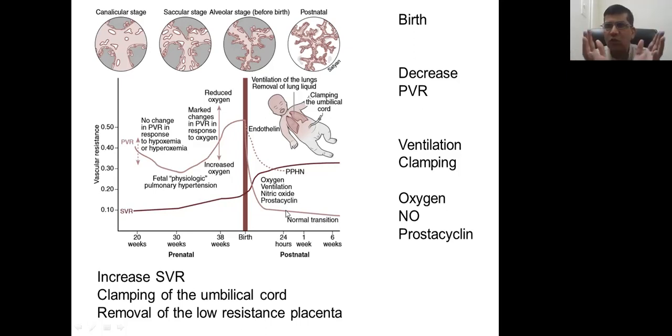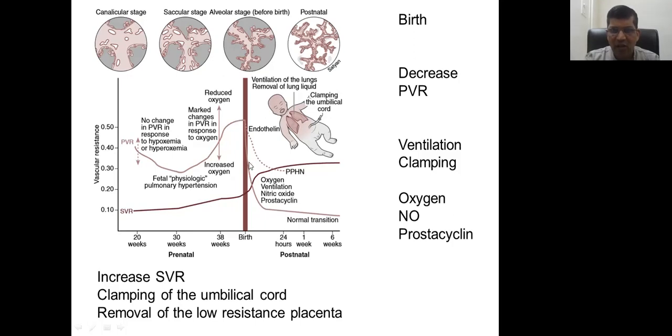You allow the lungs to ventilate, and pulmonary blood flow increases. Ultimately pulmonary vascular resistance drops, and by clamping of the cord, with oxygen and nitric oxide, you have an increase in systemic vascular resistance. This is a very important stage.